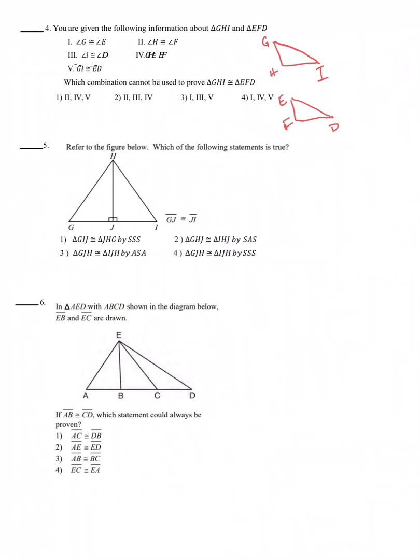So I believe that we have EF here, and this must be GH. So if we have those congruent, let's look at the ones that have Roman numeral 4. There's 3 choices with Roman numeral 4. And then let's look at choice 1.